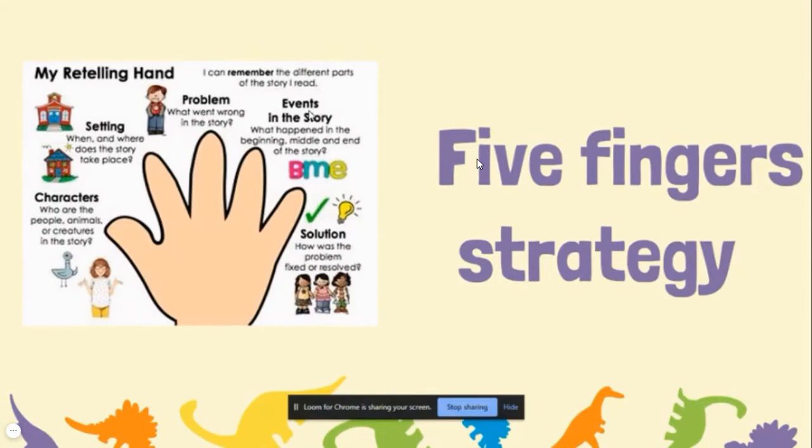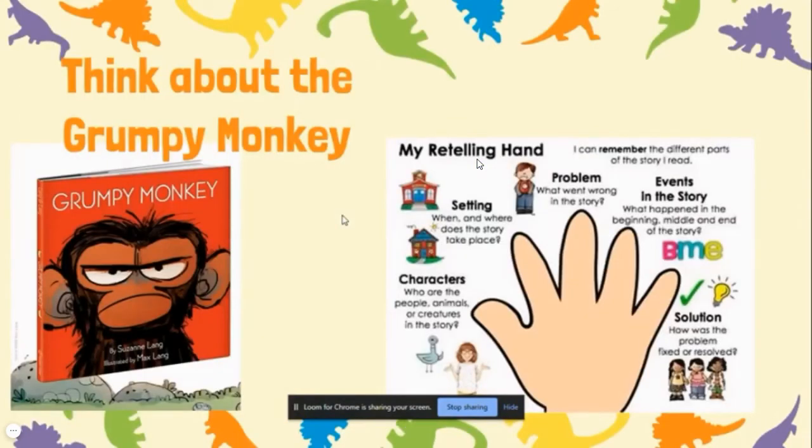The BME, beginning, middle, and end. And lastly, the pinky finger, which is the solution. How was the problem fixed or resolved? So every time you look at your hands and you see your five fingers, you can remember that each one of them means something about the story.